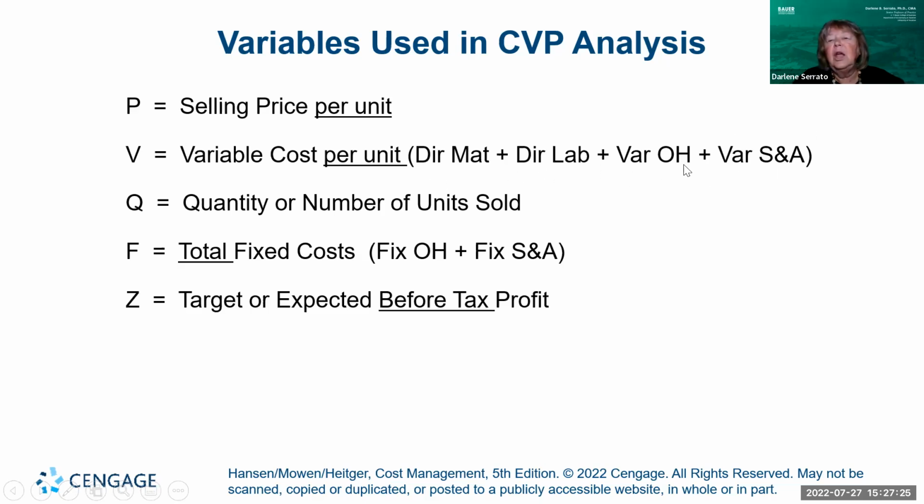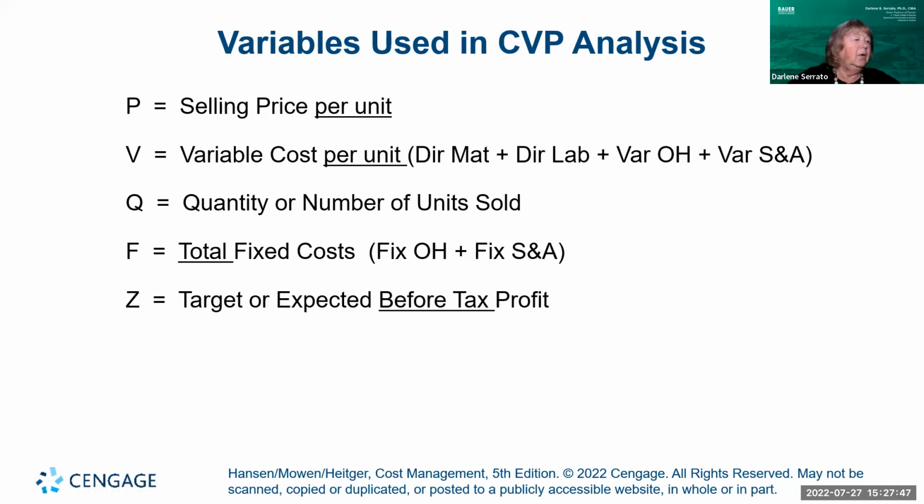These 3 are product cost. This one is considered a period cost. Most students make mistakes on CVP analysis because they forget that direct materials and direct labor are variable costs.